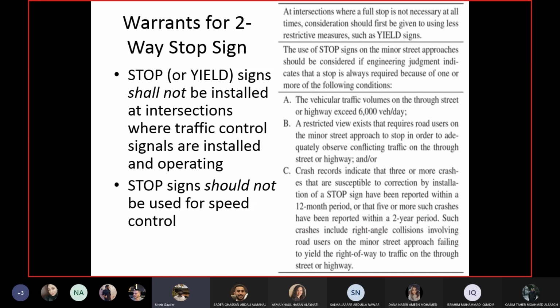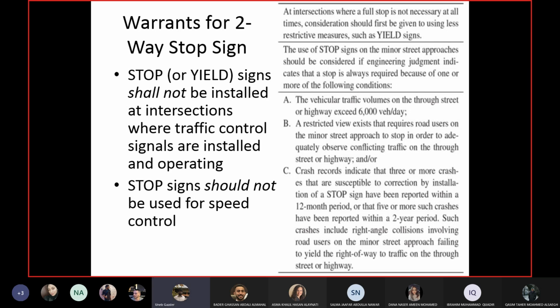The guideline is that a stop or yield sign should not be used at a signalized intersection. If the signal is already installed and operating at that intersection, you should not use a stop or yield sign at that point. And a stop sign should not be used for speed control.